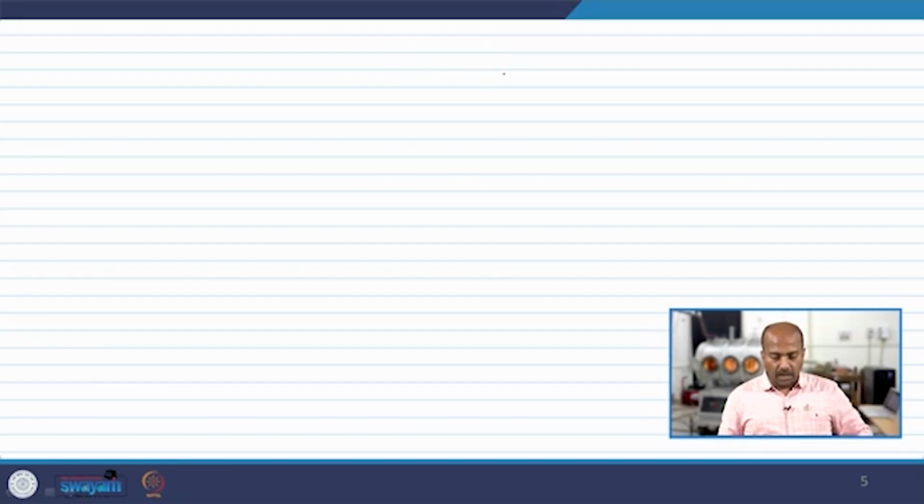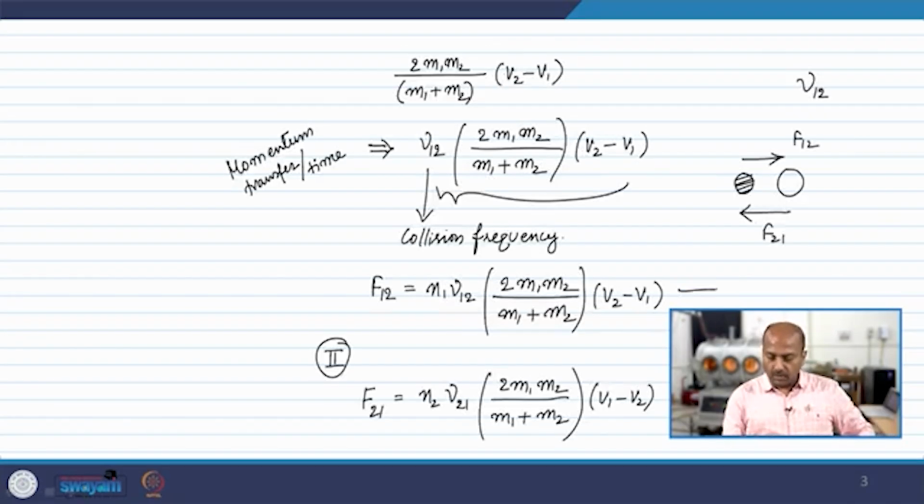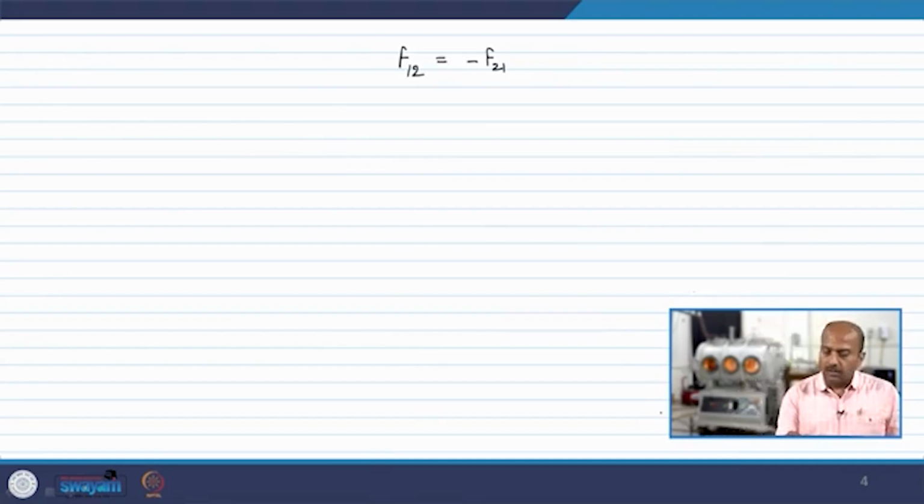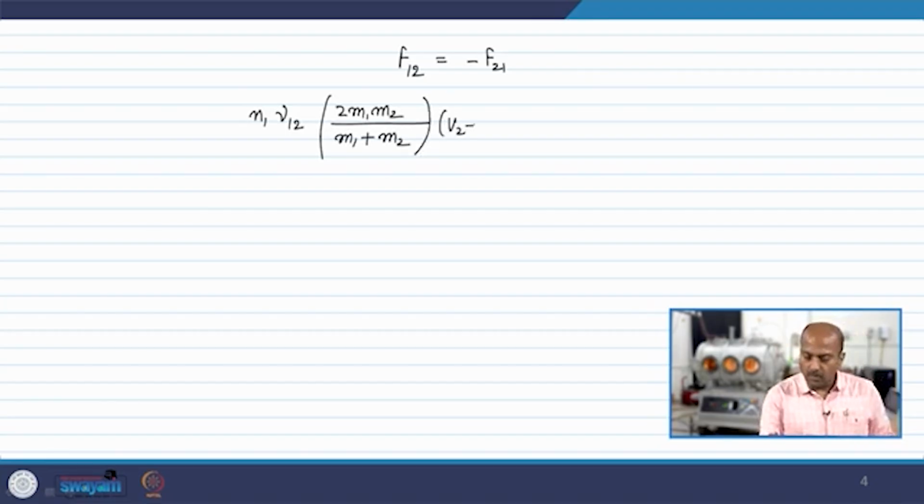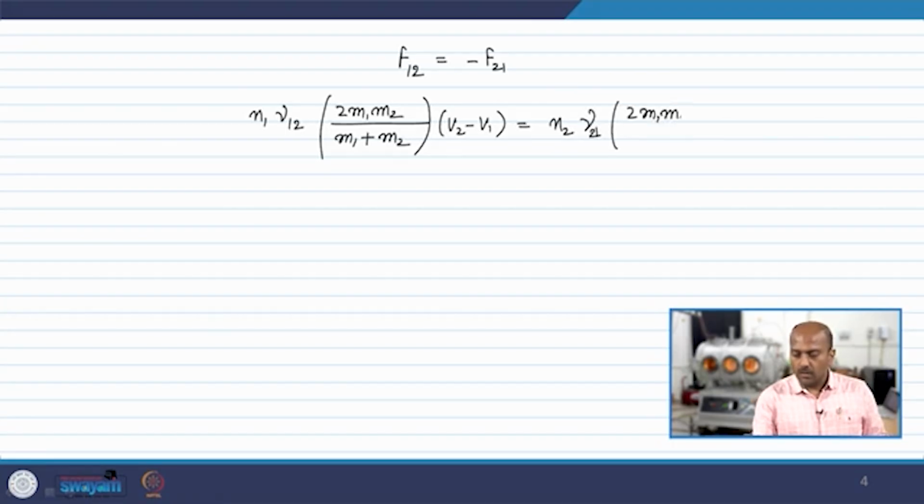So, we can bring these two relations together, let us say we call this 1 and this 2. We write N1 nu 12 times 2 m1 m2 divided by m1 plus m2 times (v2 minus v1) equals N2 nu 21 times 2 m1 m2 divided by m1 plus m2 times (v1 minus v2).